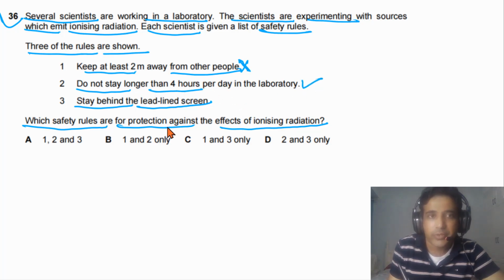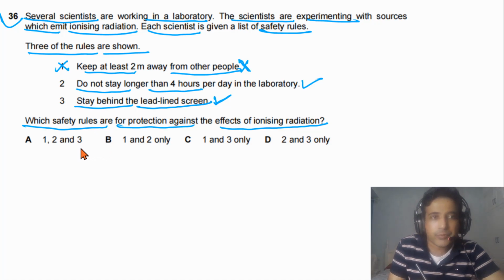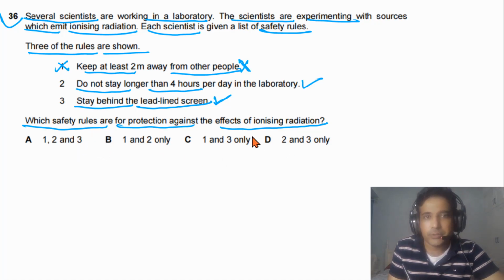So this one is correct. Stay behind the lead line, so you can protect yourself from gamma radiation. So this one is also correct. But the first is not a safety precaution for an individual, and so that's the reason this one is incorrect. So in this case we have two correct rules, so the answer for this question has to be D.